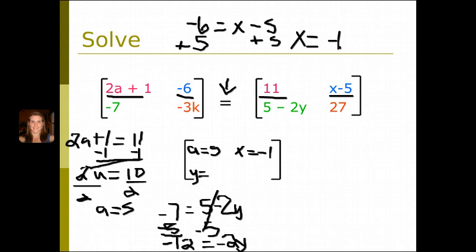And our last one, we've got -3k equals 27.